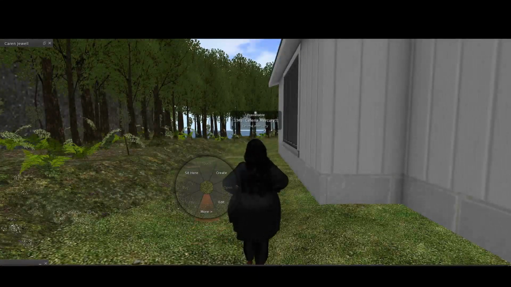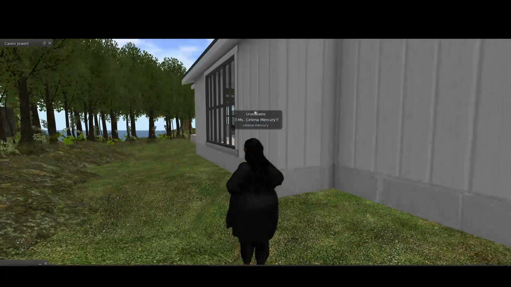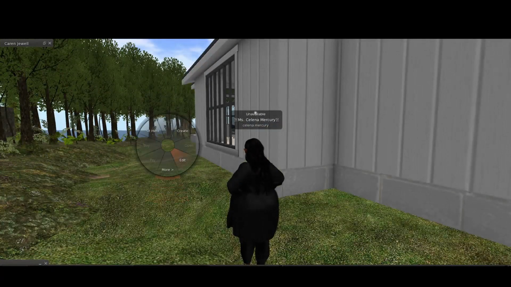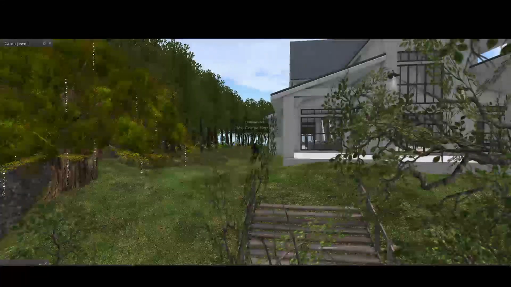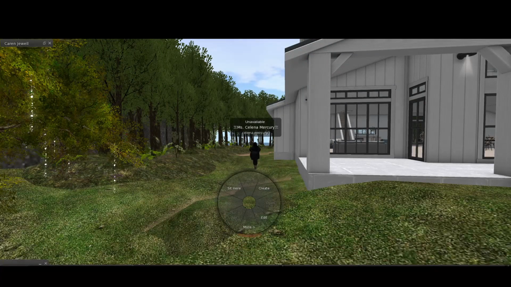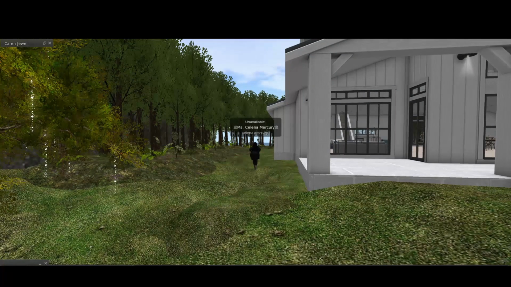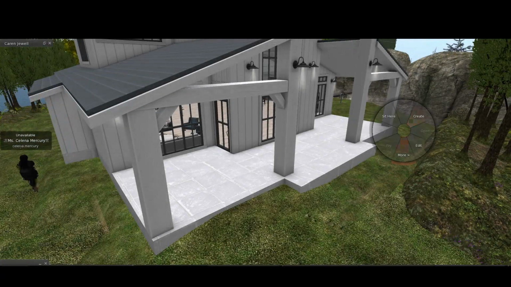Yeah, looks like they used the land map over here. So we're not going to be able to grab the land. We're going to have to go into the menu to see what's going on. But I was trying to get an outline so you could see the property lines.